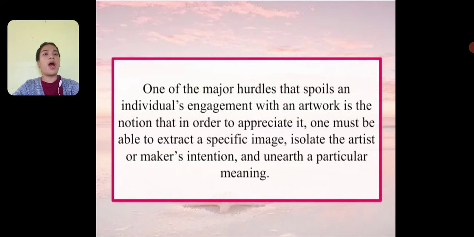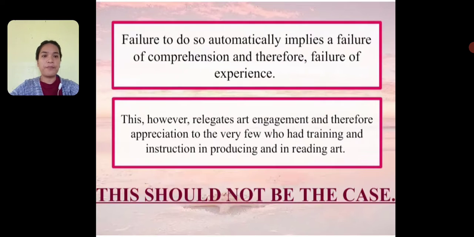One of the major fallacies of individual engagement with an artwork is the notion that in order to appreciate it, one must be able to extract a specific image, isolate the artist or maker's intention, and unearth a particular meaning.